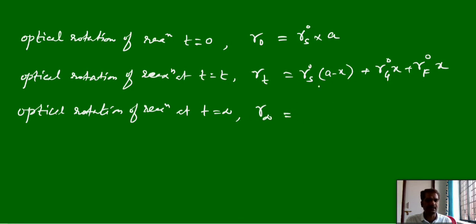At infinity time, sucrose is completely decomposed, there is no more sucrose. We have only glucose and fructose. How much amount of glucose now? Concentration is A, and fructose also concentration A. These are the values. So the optical rotations R0, RT, R infinity we can observe externally.